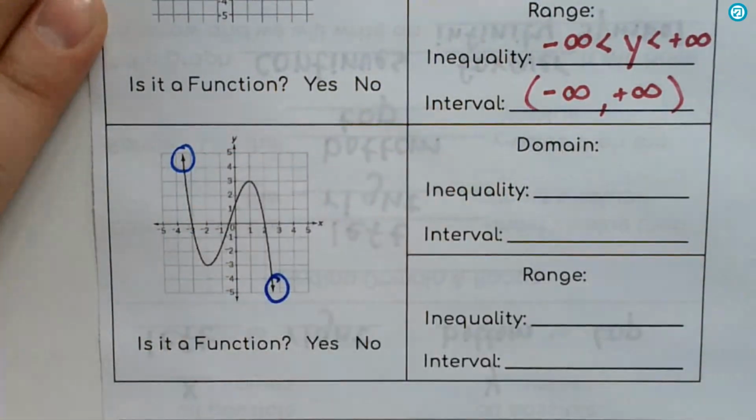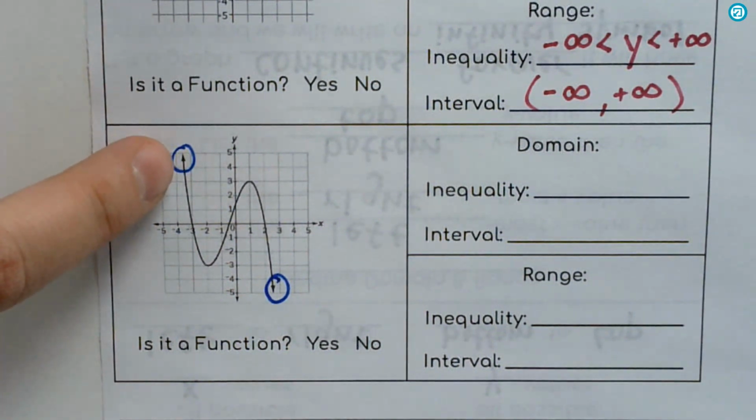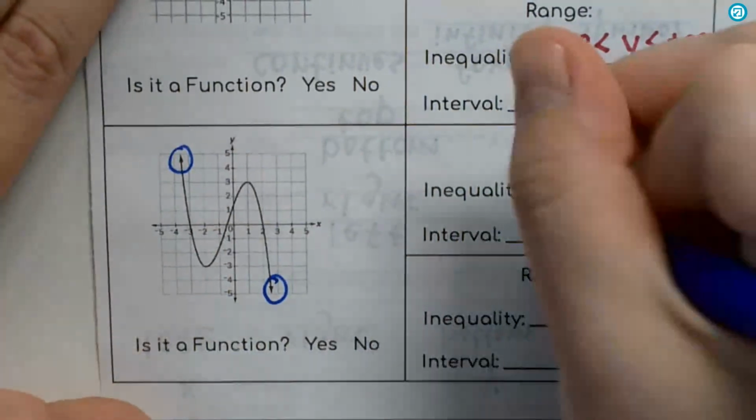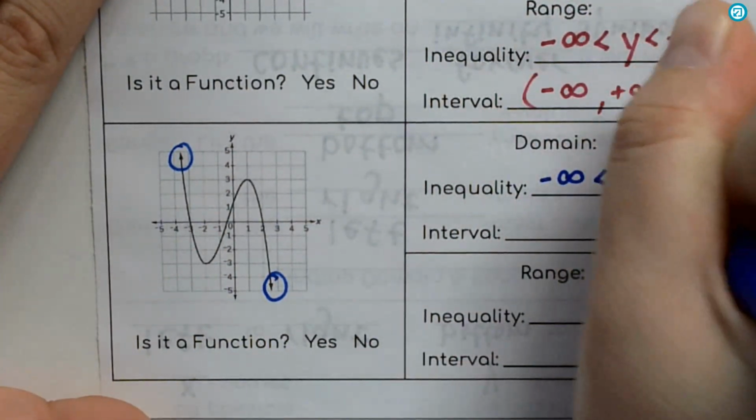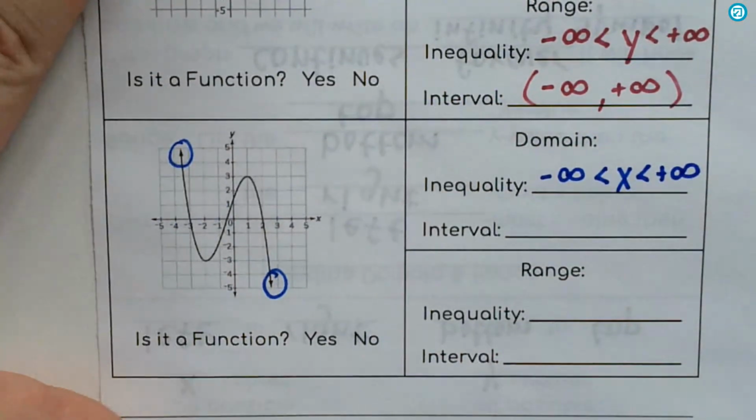An arrow. Okay. When we are going from left to right, we always go from negative to positive. It's tempting to think because that's going up, it's positive. We don't care whether it's going up or down right now. We care that it's going towards the left. Okay? So our domain is negative infinity is less than x is less than positive infinity. Our domain is always going to be left to right.